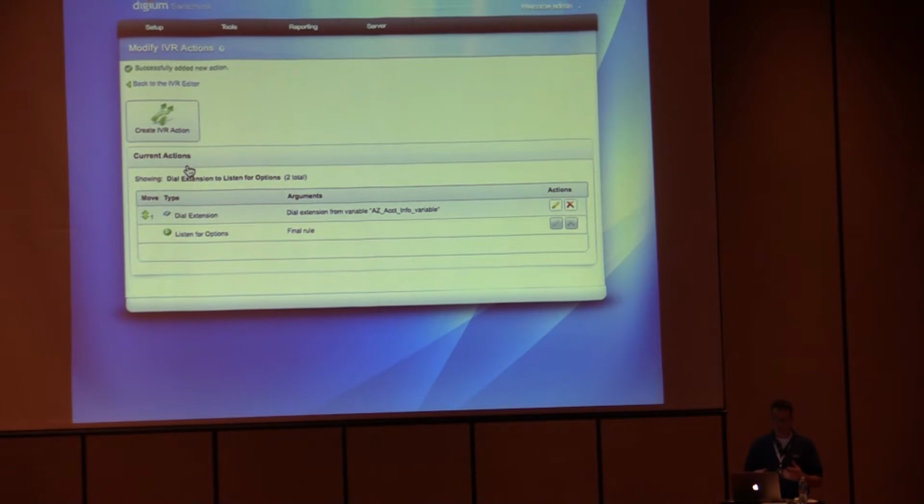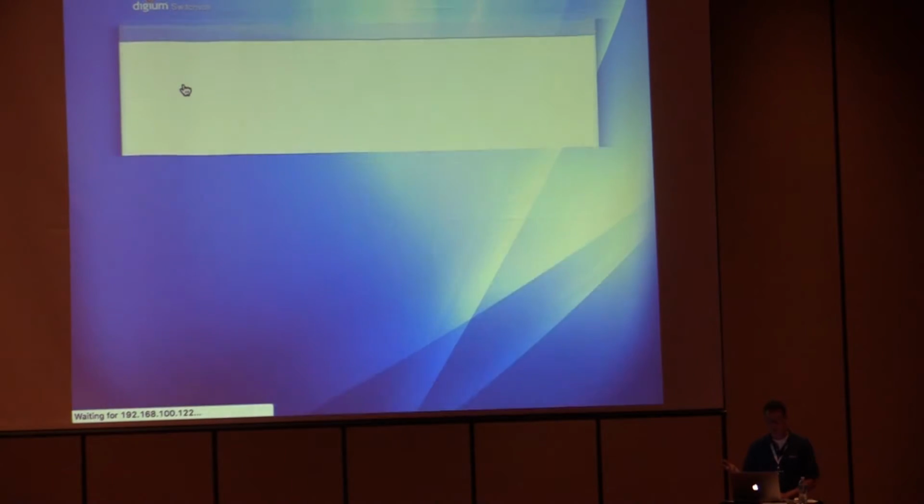I like to build them small and link them together, because my opinion is, if you have a really long IVR and you have issues, now I have to troubleshoot an IVR that's really, really long. If I build small IVRs and I have an issue, I only have to troubleshoot that one piece. So again, it's a preference thing, but this is very flexible and allows you to build those the way you want it. So that's calling the operator.